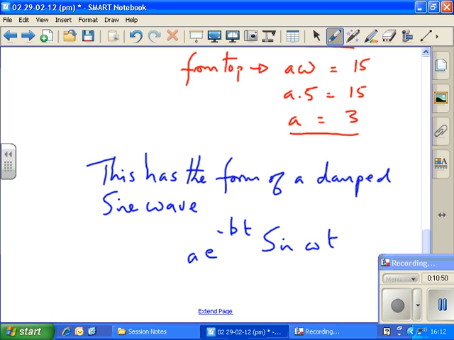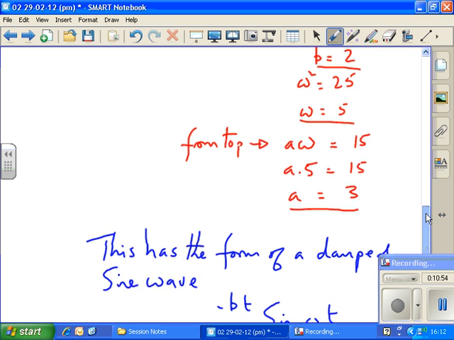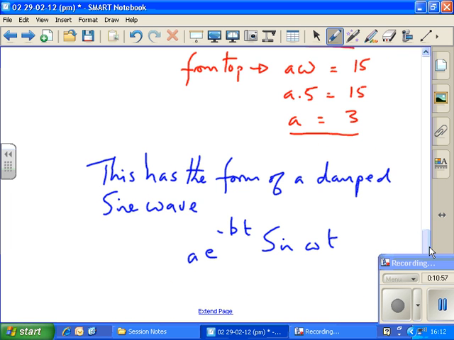So we can now put in our values. We know that A equals 3, B equals 2, and omega equals 5.